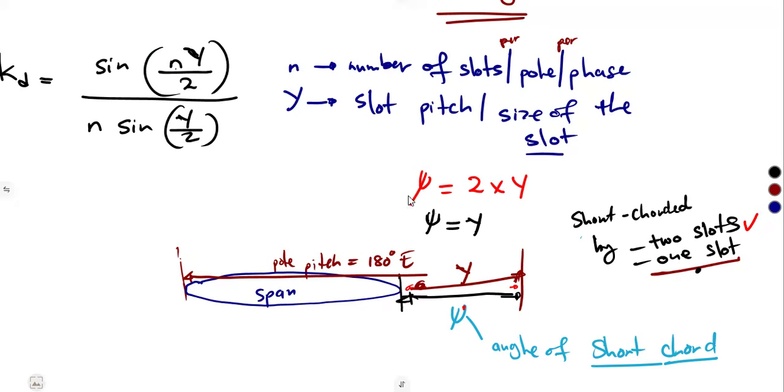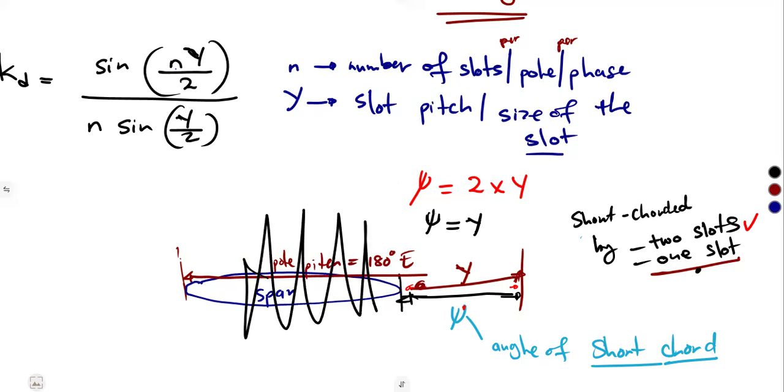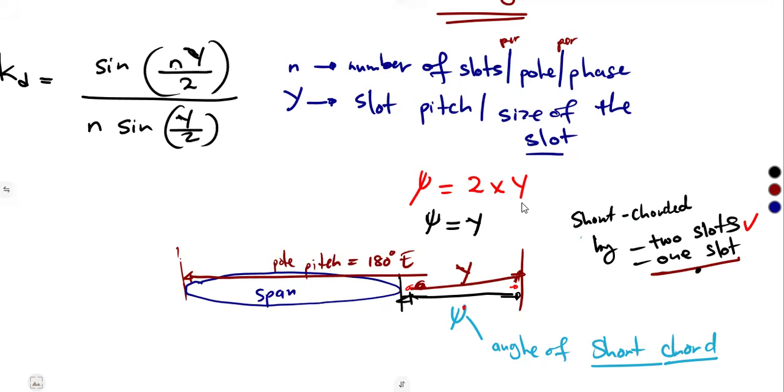As you can see, the shortcode can be calculated if we have the slot pitch, the angle of the slot. But we might not be given this information. So how can we calculate the slot pitch? That is the question. The slot pitch can be calculated using this formula.